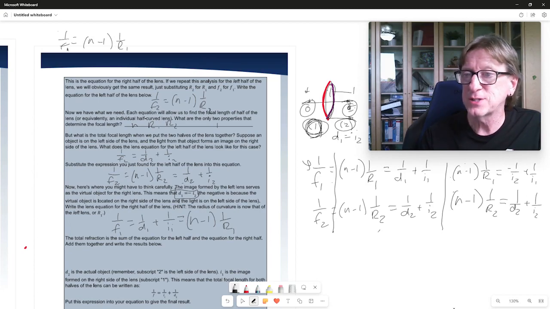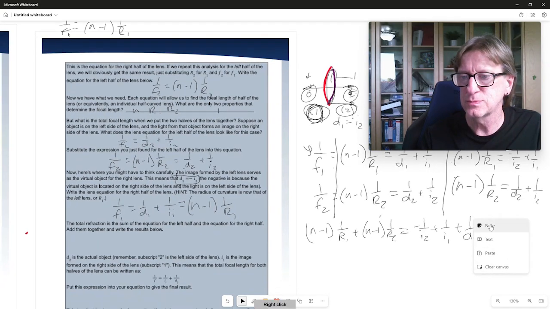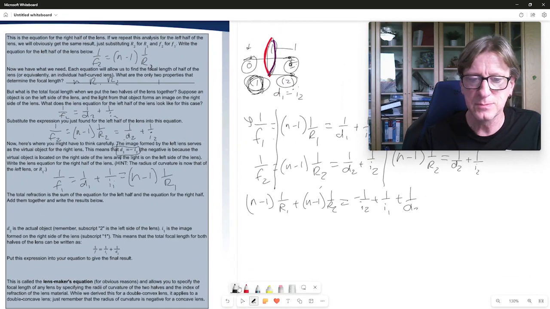So the total refraction is just going to be the sum of these two equations. All we need to do is add them together. So I'm going to have (n minus 1) over R1 plus (n minus 1) over R2 must equal minus 1 over I2 plus 1 over I1 plus 1 over D2 plus 1 over I2.